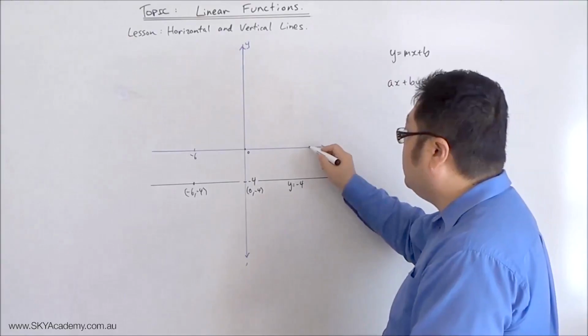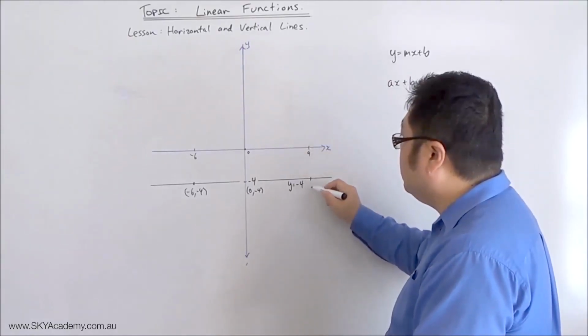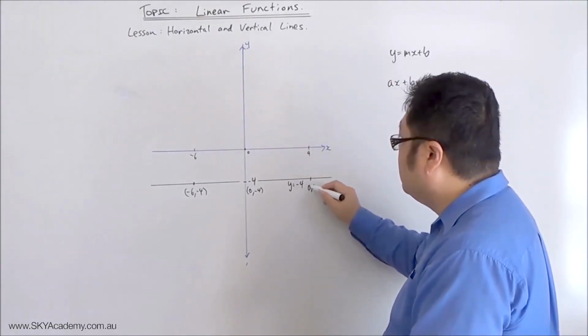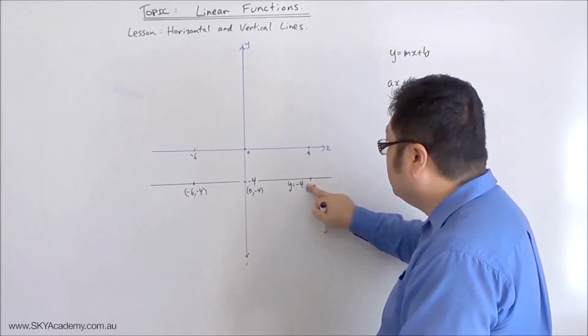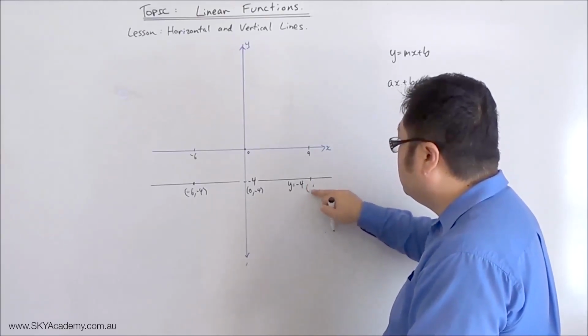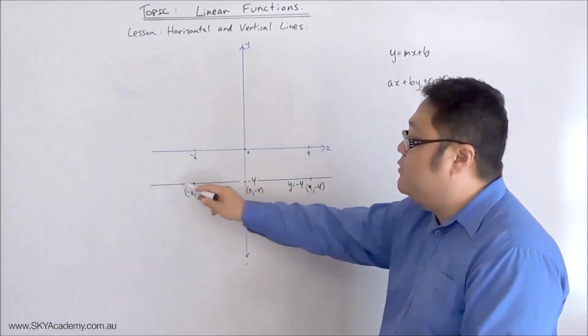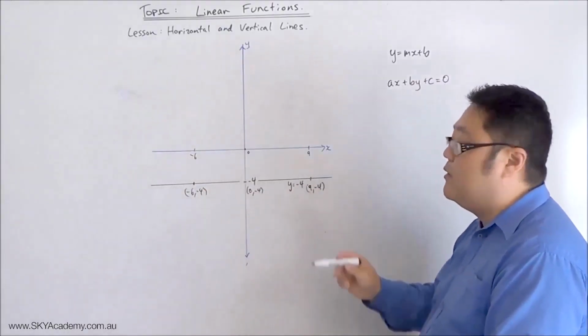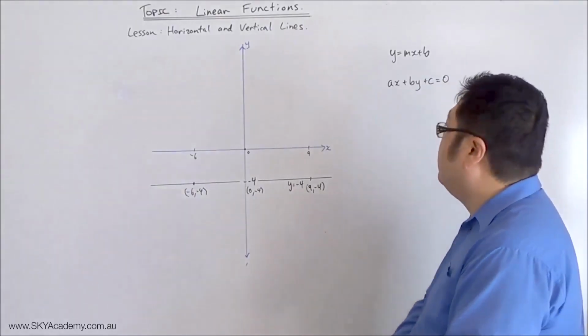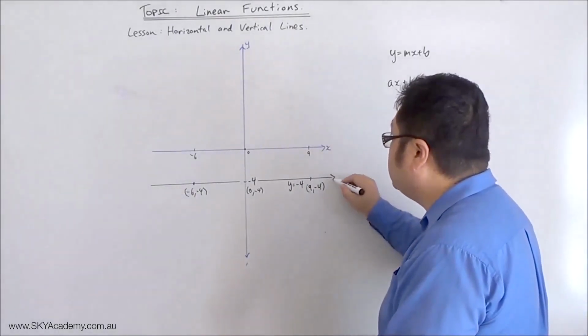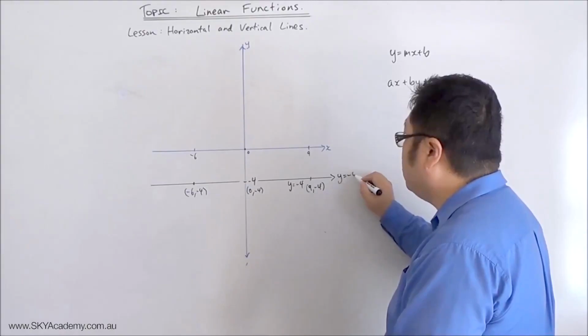Even though this point is 9, this point here would be 9, minus 4. Every single point here, the y-coordinate would be equal to minus 4. Therefore, it would make sense that the equation of this line is y is equal to minus 4.